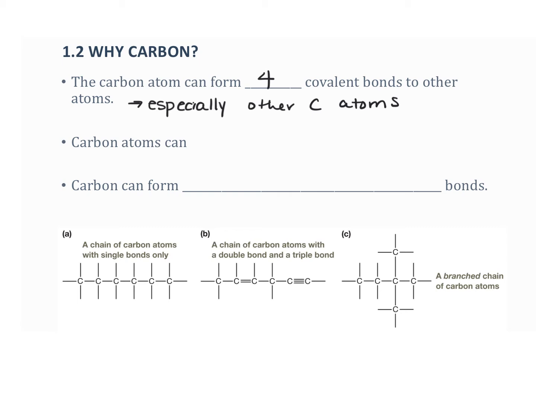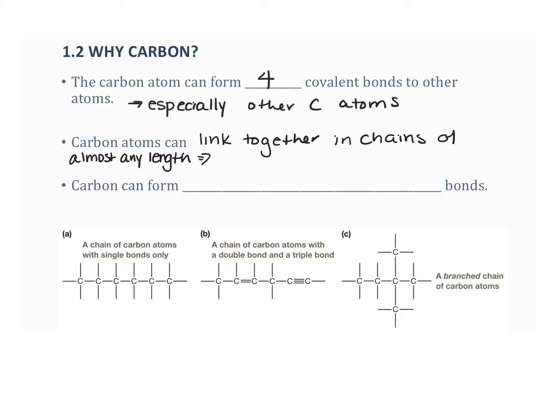So carbon atoms can link together in chains of almost any length, right? And they can make branches or rings.